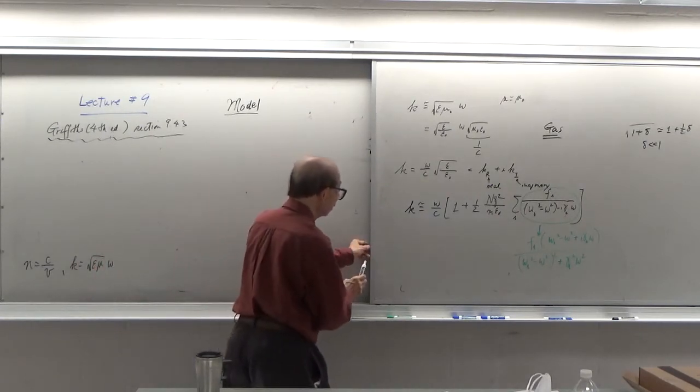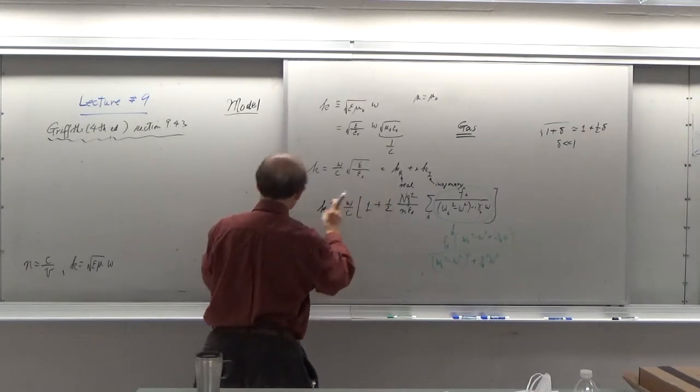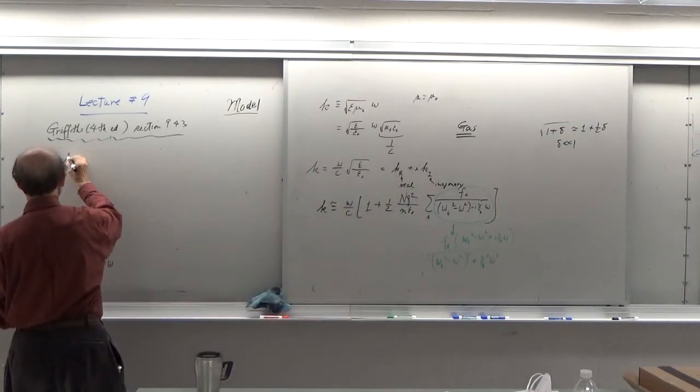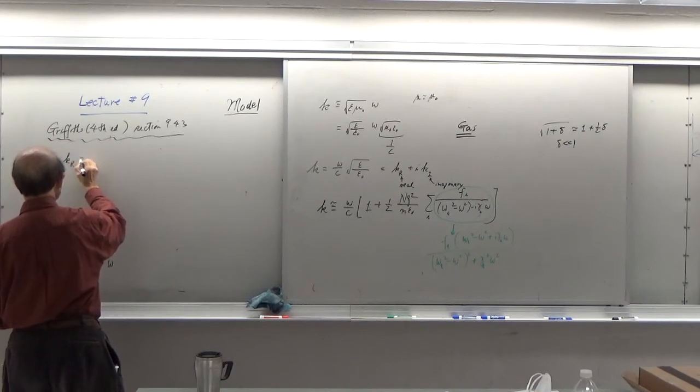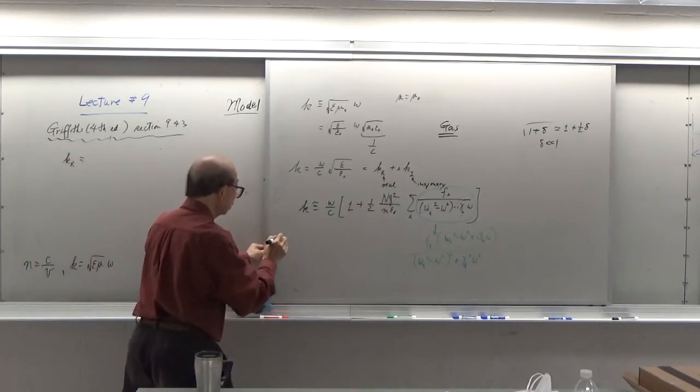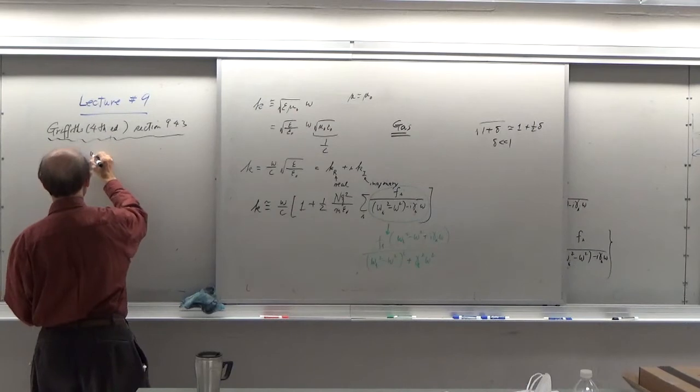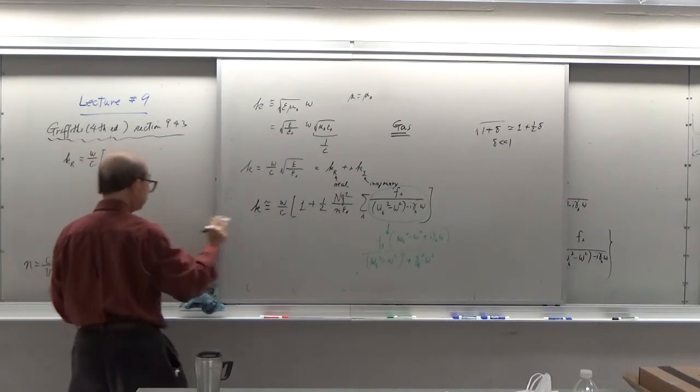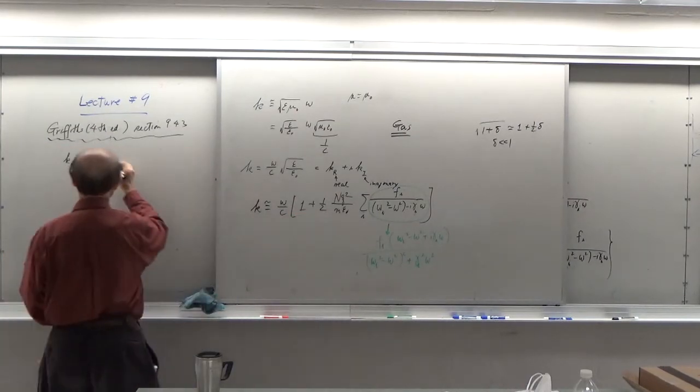So that k plus the real part is equal to omega over c times 1, of course it's real, so it has to be included.